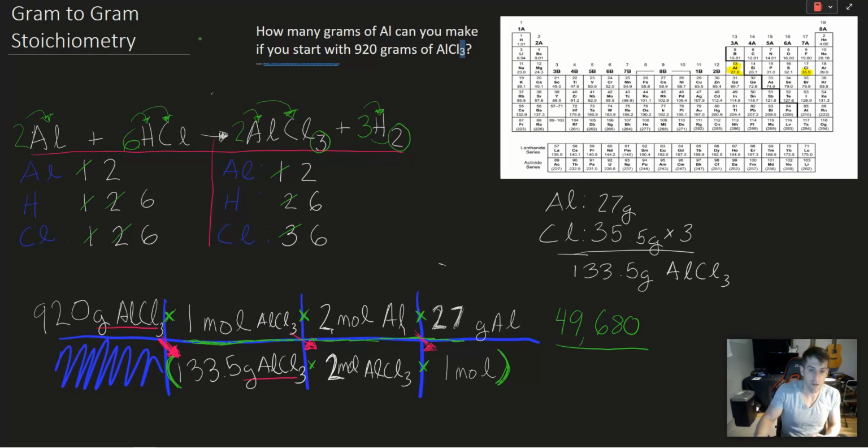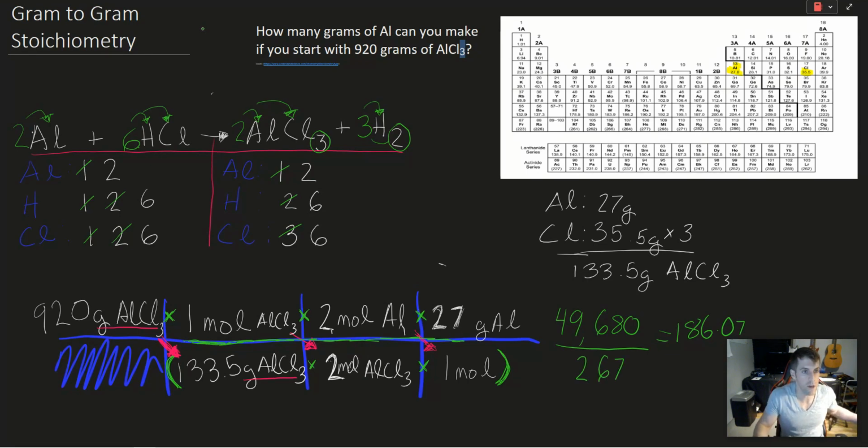I get 186.07. If we take 133.5 times 2, that is actually 267, just in case you wanted to know what the denominator was in this problem. And that is our final answer.